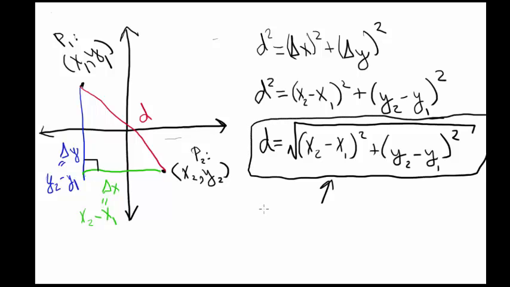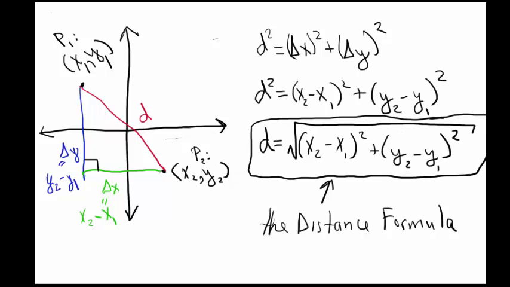And this is what is commonly referred to as the distance formula in 2 dimensions. But really, if you don't want to remember it, it comes from drawing a triangle and using the Pythagorean theorem on the triangle where the distance between the 2 points is d and the legs are the change in y and the change in x.